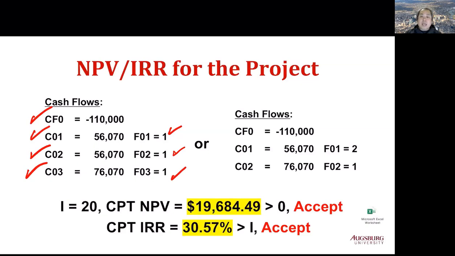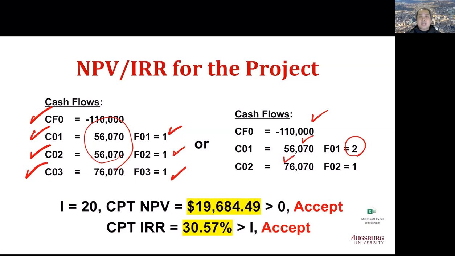Or since we have the same cash flow in years 1 and 2, we can combine them. You can put CF0 negative 110,000 and C01 56,070, and then you can make F01 equal to 2, which handles the year 1 and 2 cash flows together.